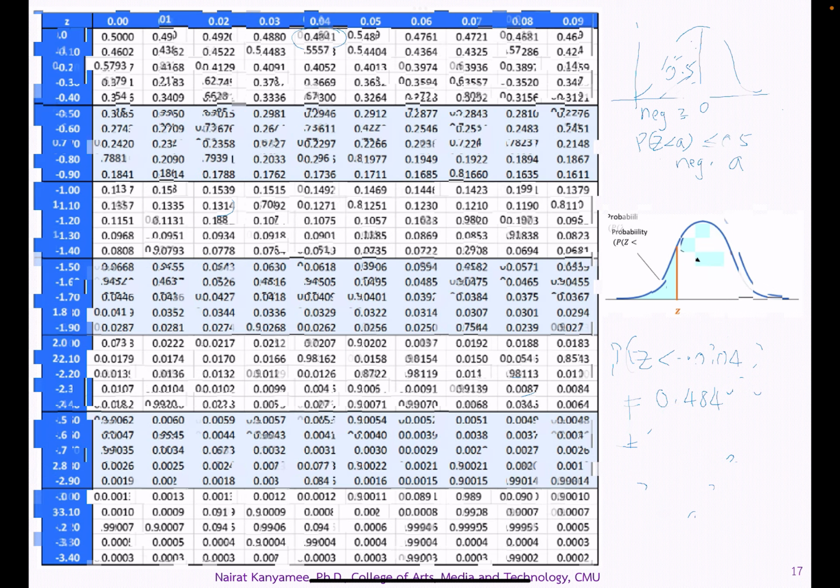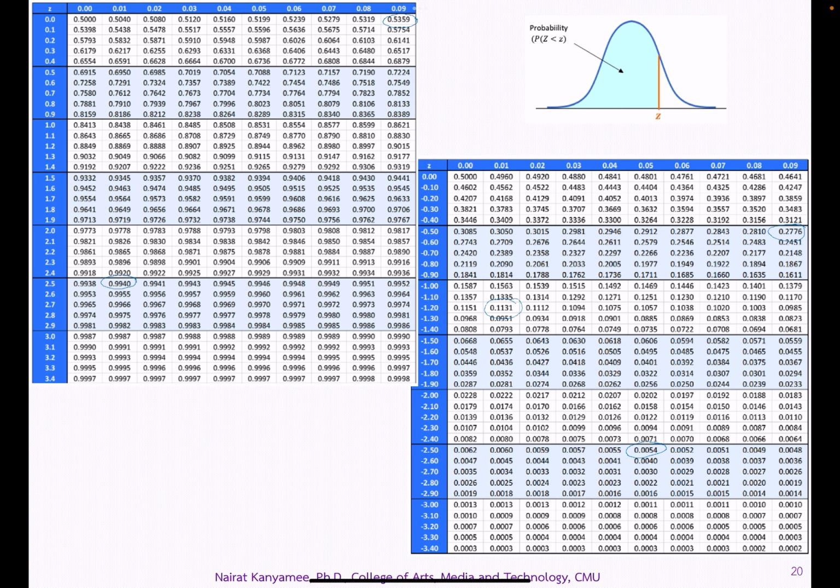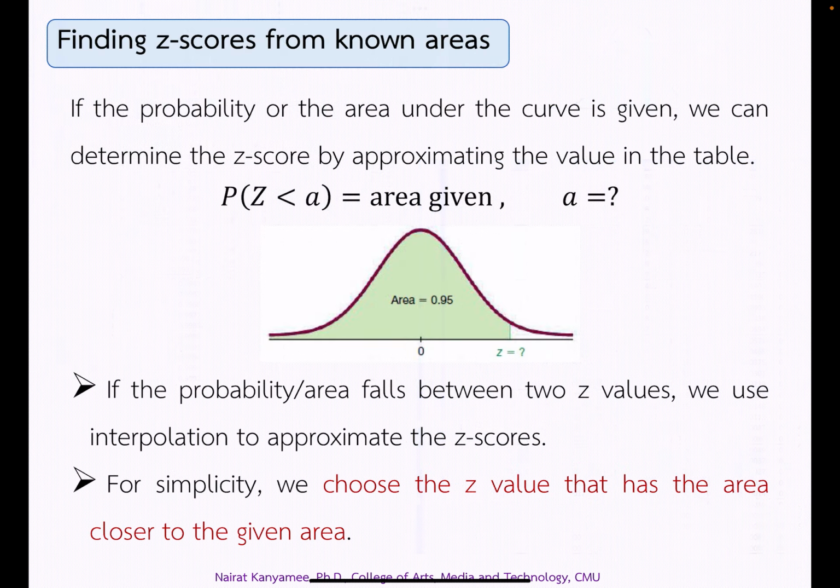Okay, and we look in the table for the z-score, and then we look for the area which corresponds to that z-score. So the next topic is to find the z-score when you know the area. It's just the inverse of that.